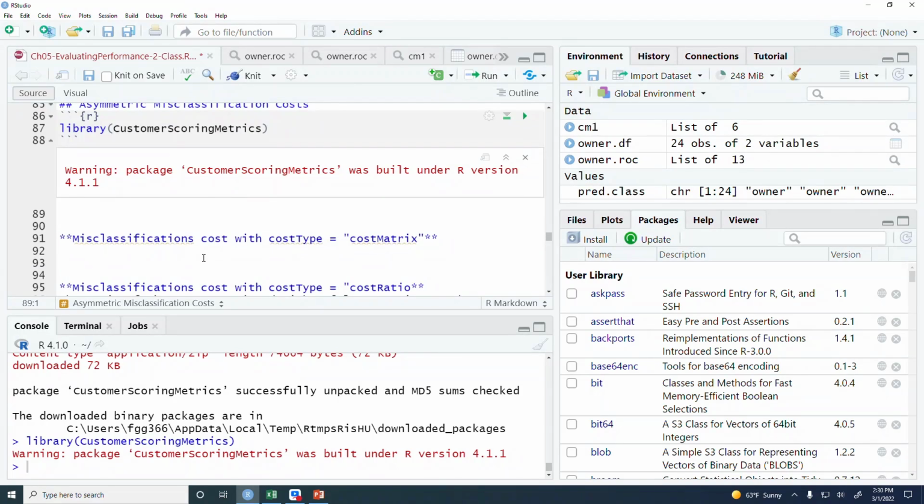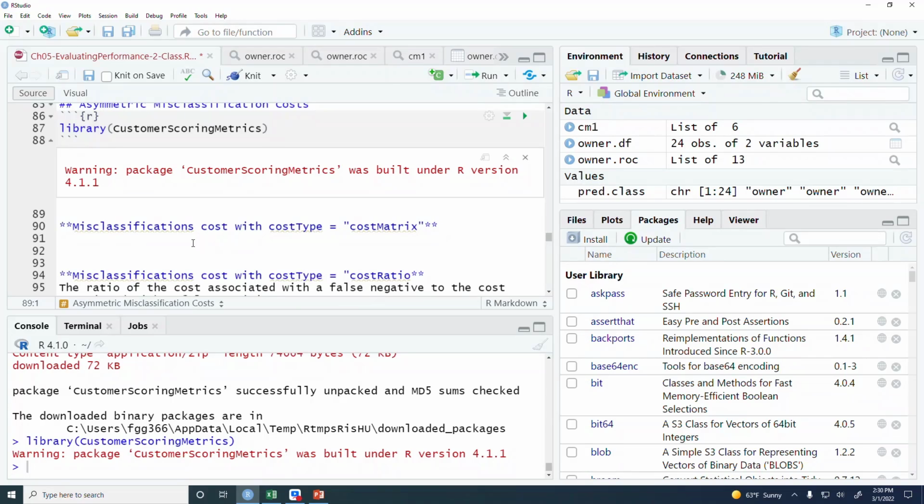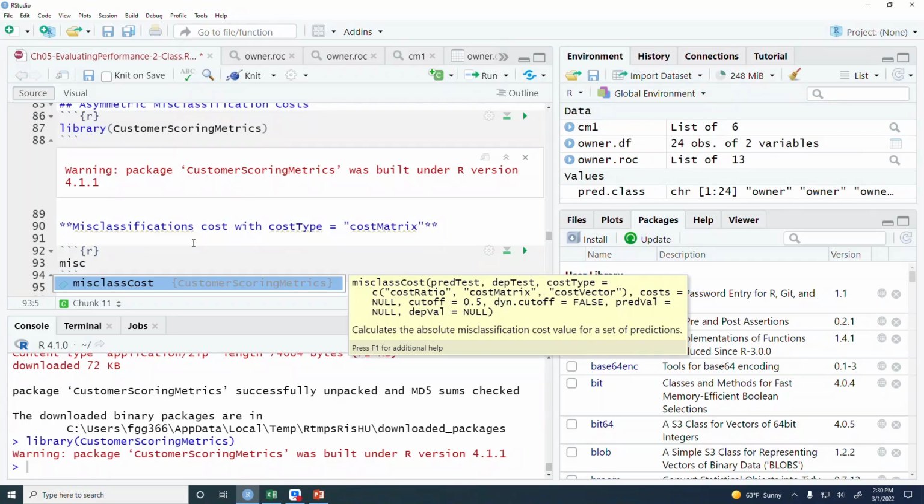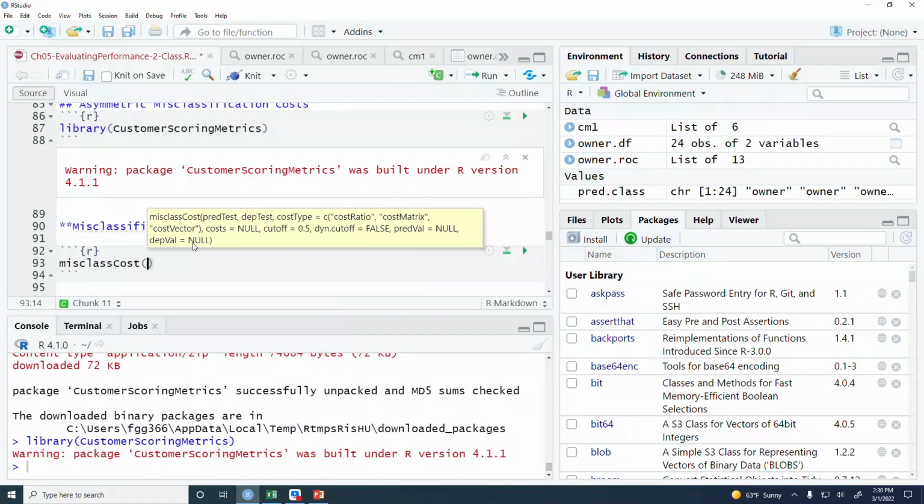There are two ways in which we can specify the cost. We now have the actual class and we have the probability. misclass cost is the function.